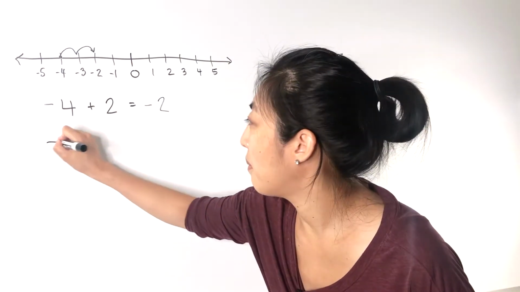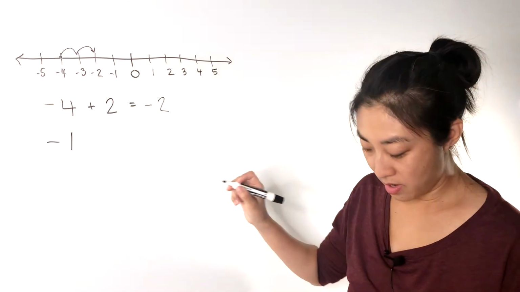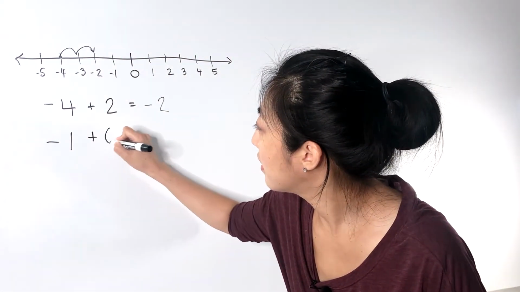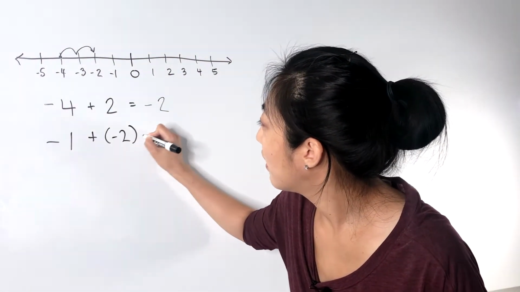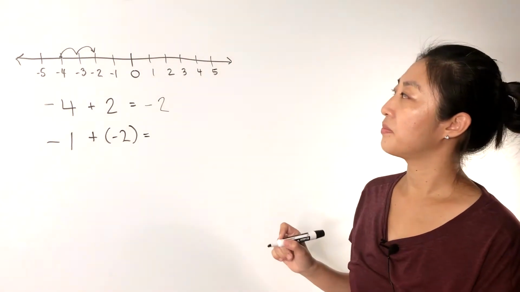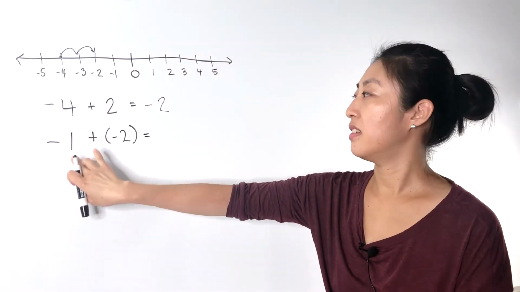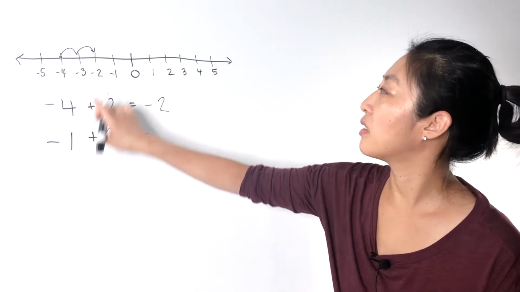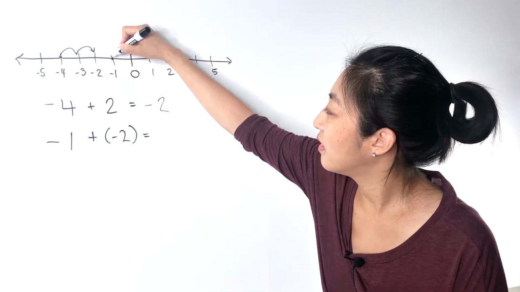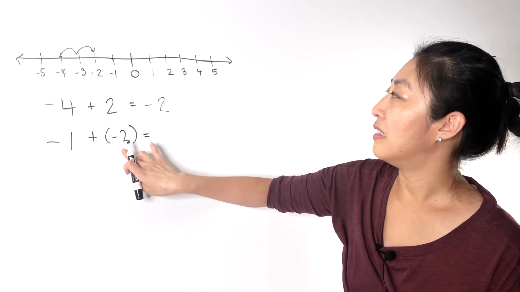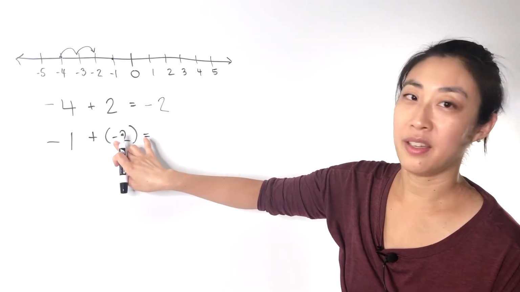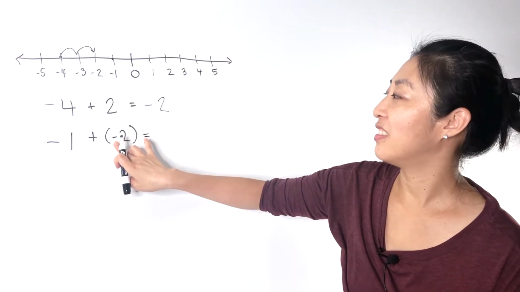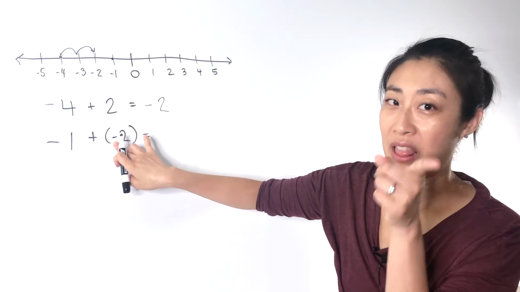Let's have another problem. -1 plus -2. We start at the first number on the number line. So we're at -1 plus -2. Now because it's negative, we have to go left.